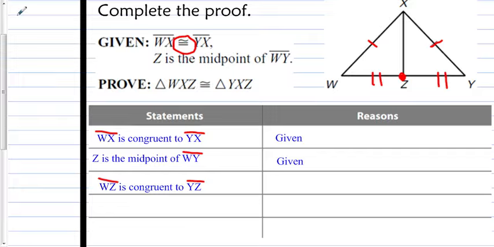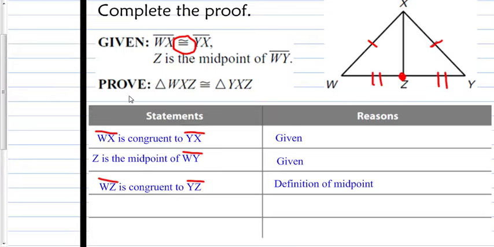And how do we know that to be true? Well, it's because Z is the midpoint of WY and it cut it in half. So our answer is the same one we've already used in another prompt. We can say that they're congruent because of the definition of midpoint. A midpoint cuts something in half. So since Z cuts it in half, we have two equal pieces.